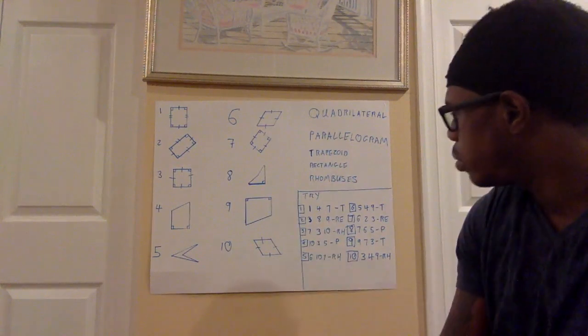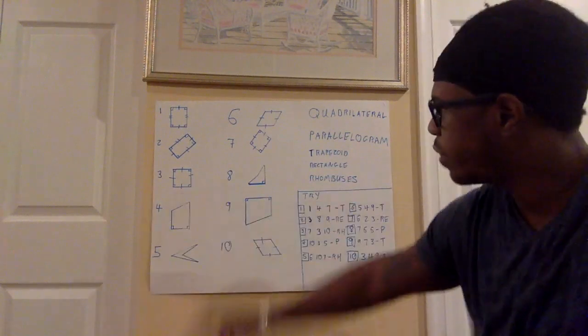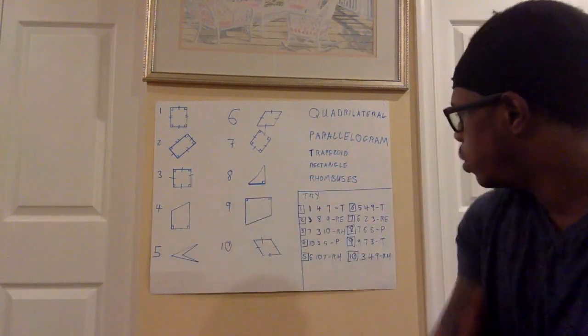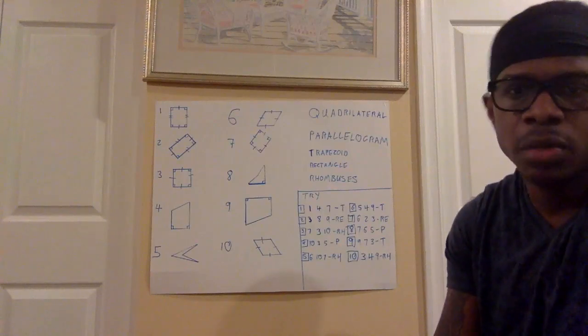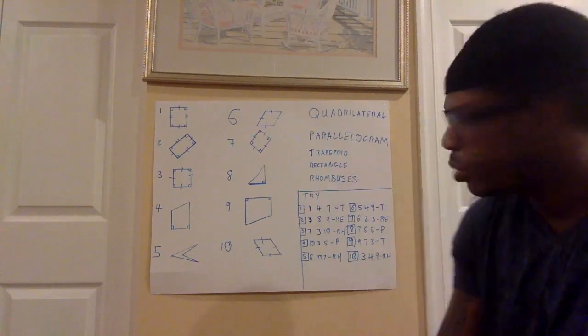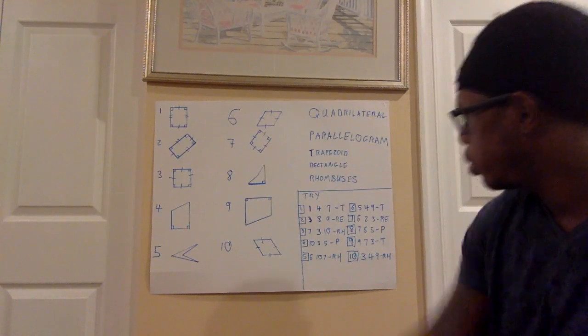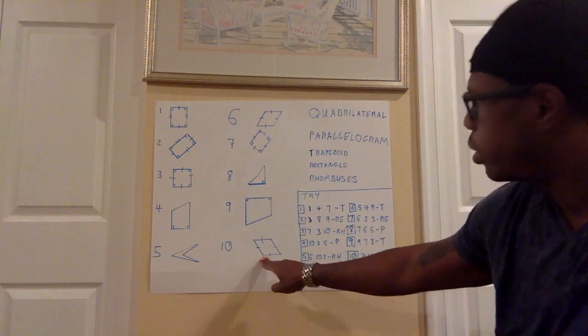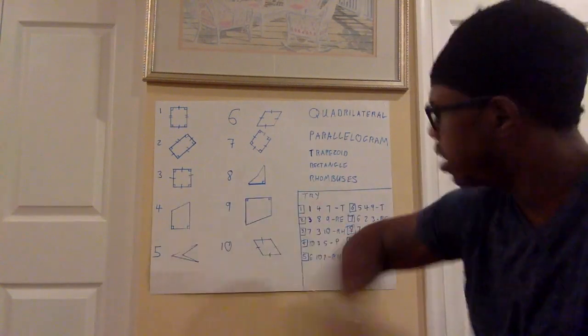Number 4, we have 10, 3, and 5, and we are looking for a parallelogram. Again, a parallelogram is a quadrilateral with 2 pairs of parallel sides. So for number 4, number 10 is a parallelogram, number 3 is a parallelogram, number 5 is not a parallelogram.